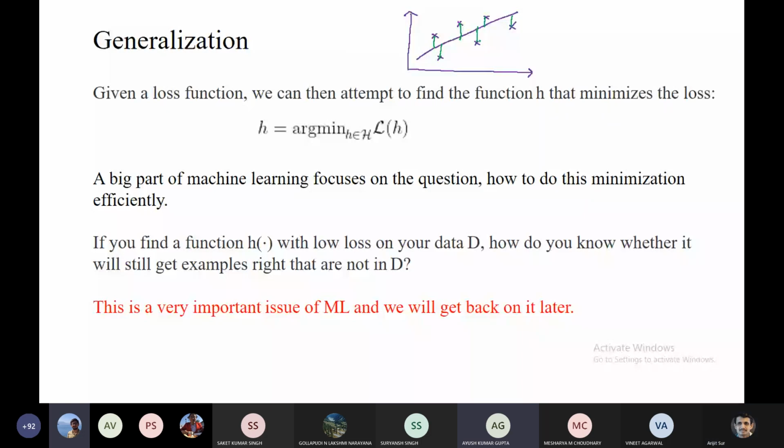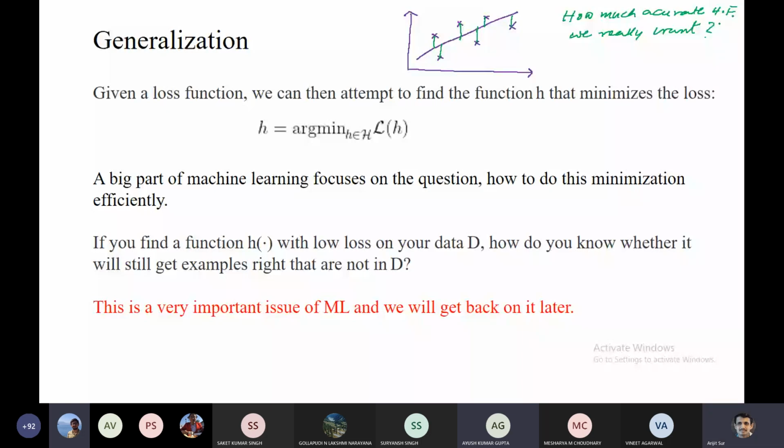Now the question is, this is a kind of hypothesis function, and how accurate do we really want this hypothesis function to be? This is very important.